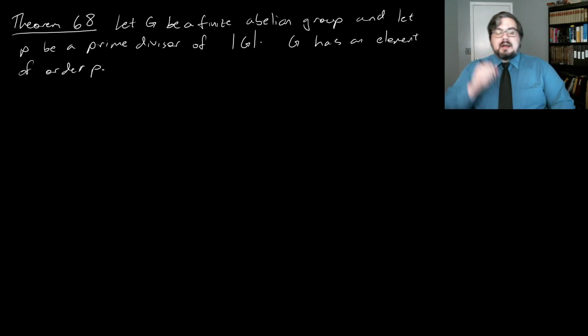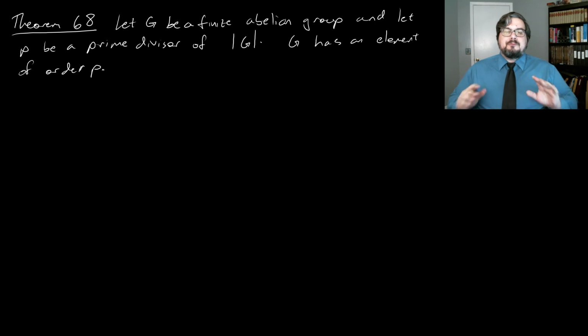This is only the second theorem we've ever had that guarantees us the existence of an element with a particular order. And the previous theorem that we had only applied to cyclic groups, which is a very, very narrow category of groups. This is talking about any finite abelian group, which is much, much broader. And this is saying something that on the face of it should be a little surprising.